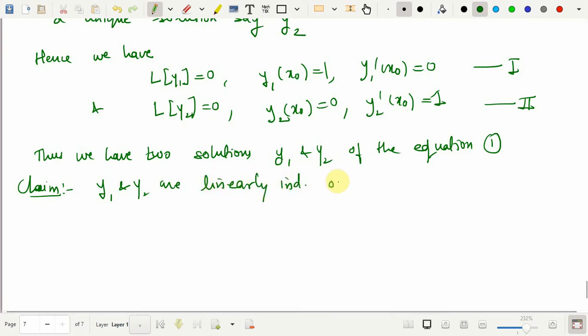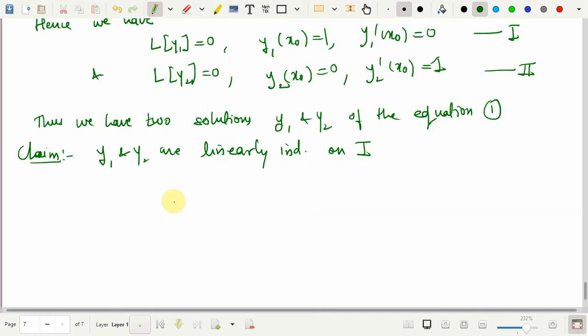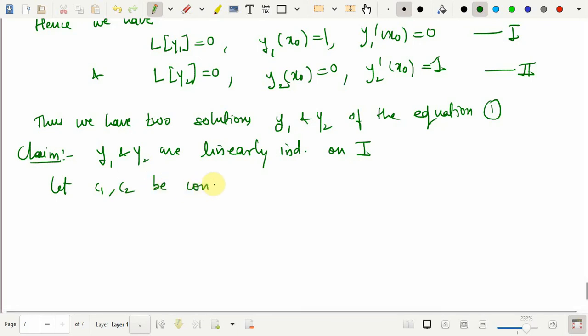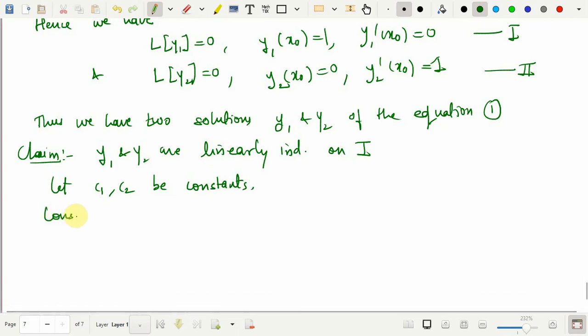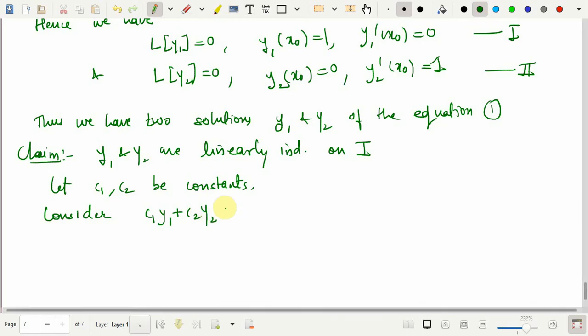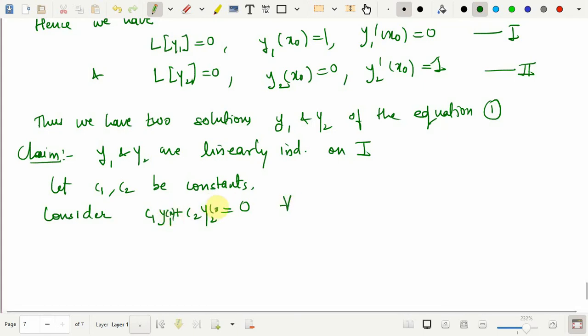So y1 and y2 are linearly independent on I. To prove this, I will start with the expression c1 y1 plus c2 y2 equal to 0, where c1 and c2 are any constants.